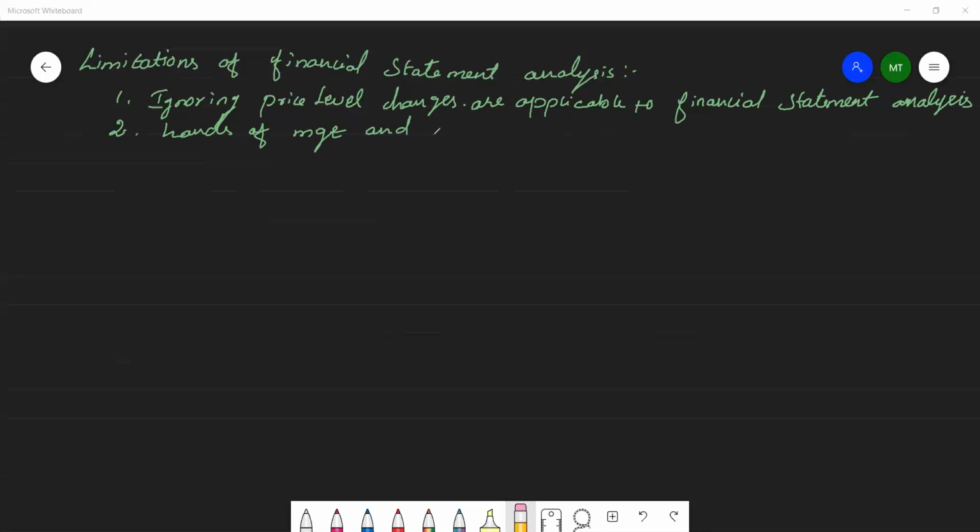Interpretation of the results has to be done by the financial analyst with due regard to the internal and external environment factors.